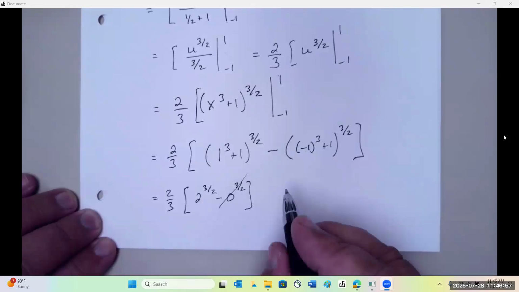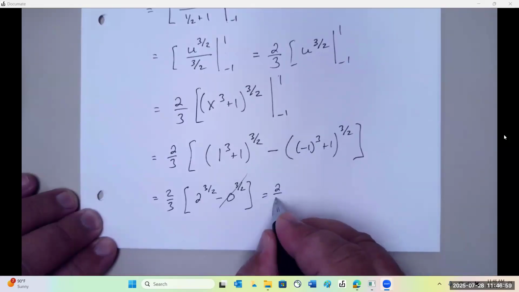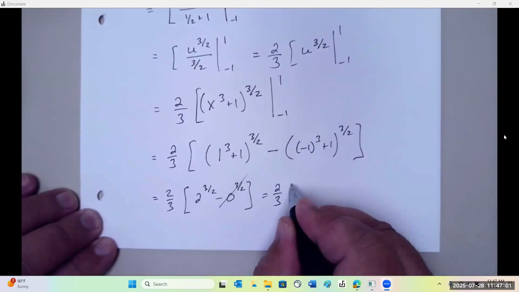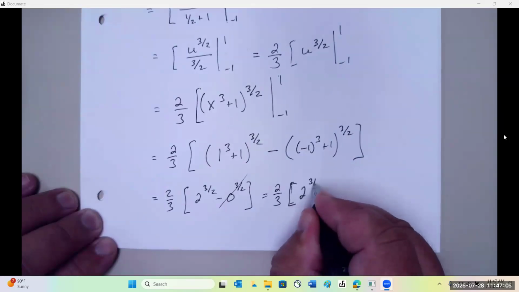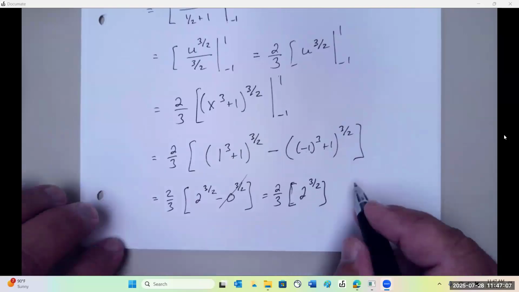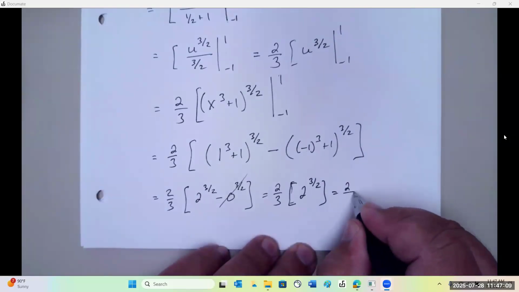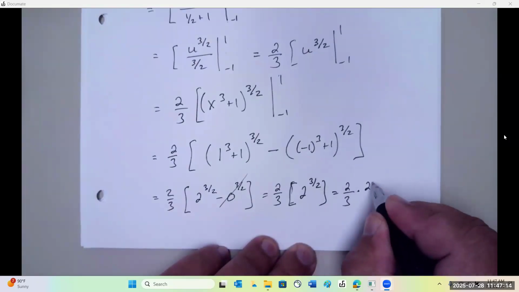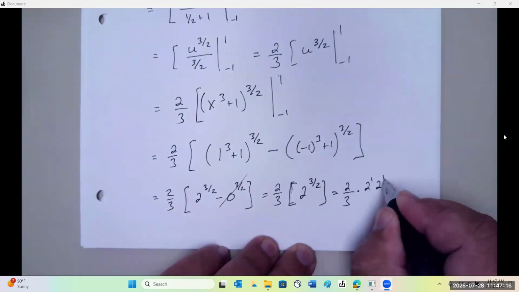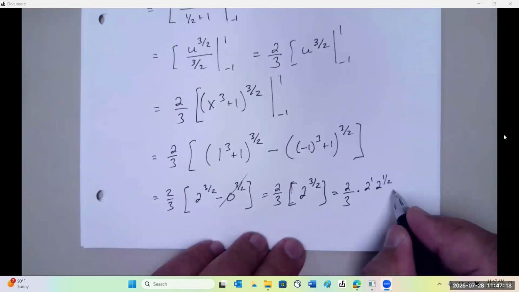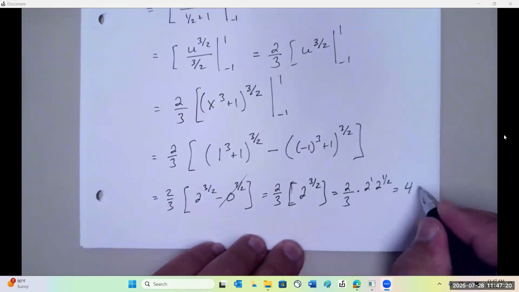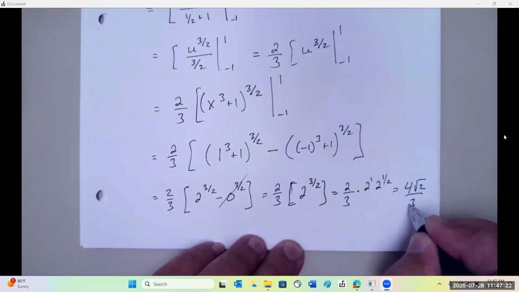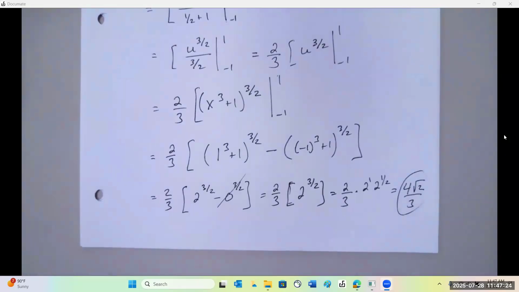So that's gone. So the 3/2 exponent becomes 2 to the first times 2 to the power 1/2. 2 times 2 is 4. Square root of 2 over 3. So it works.